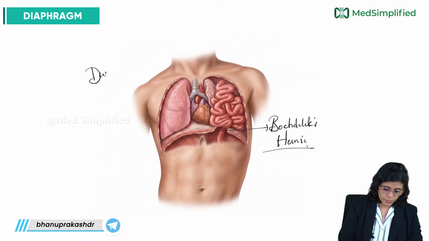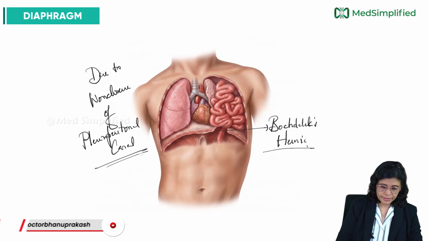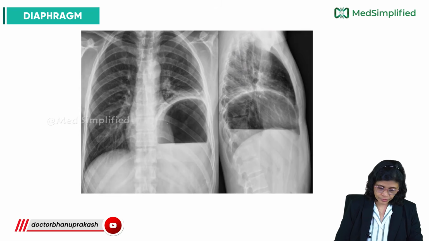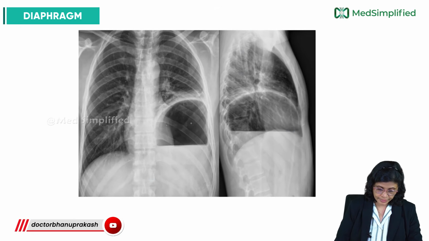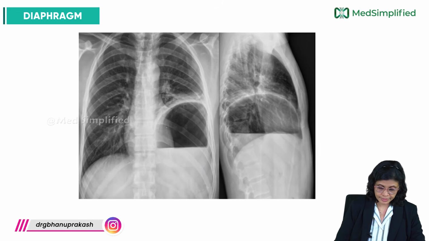This is due to non-closure of the pleuroperitoneal canal during development. It's a developmental hernia. This is the X-ray view of the hernia. We can see how the herniation has occurred with the collapse of the lung, and we can see the herniated intestines, abdominal contents.